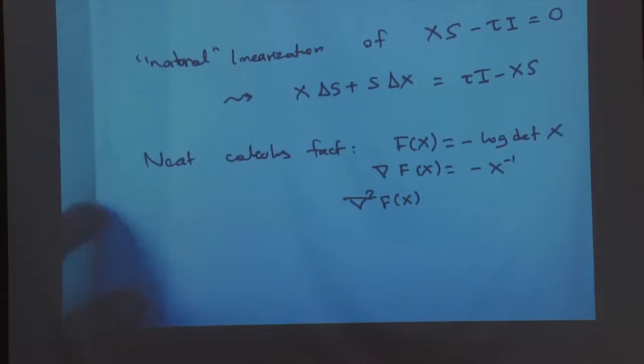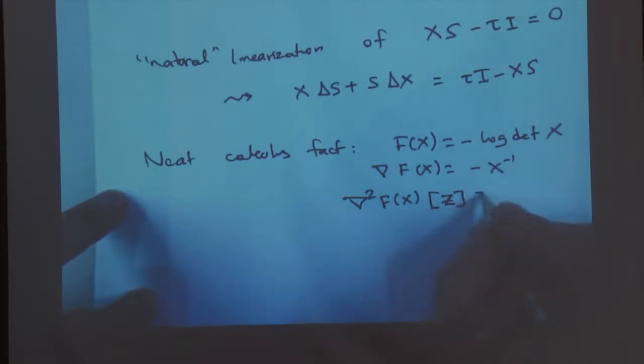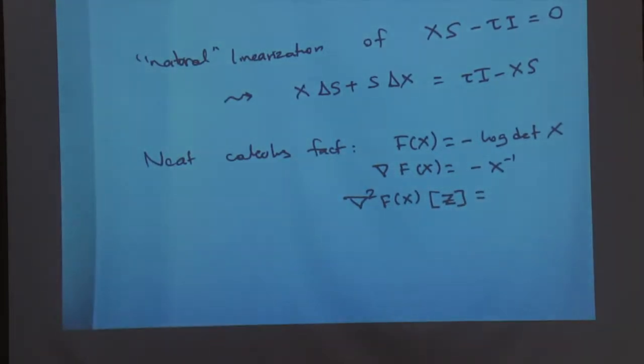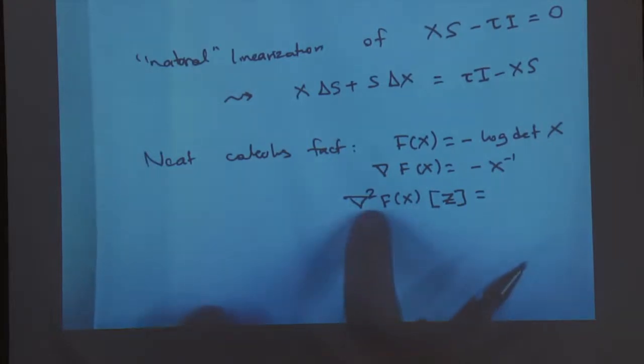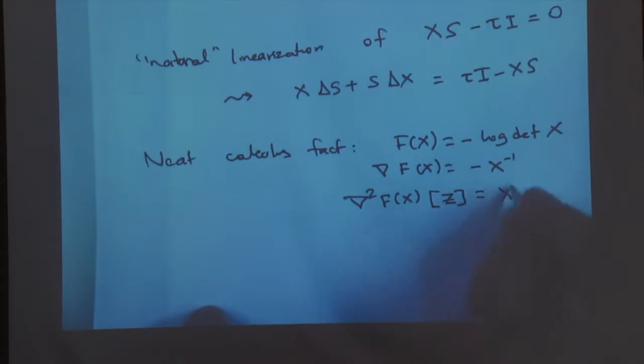The Hessian is a little tricky, because it would be a matrix that is n squared by n squared. So it's easier to think about what happens if I apply the Hessian to another matrix Z. What I get is X inverse Z X inverse.